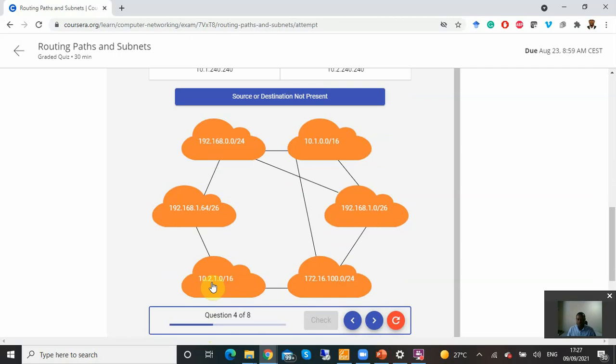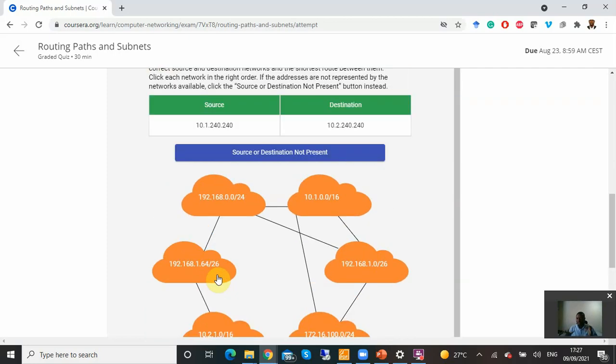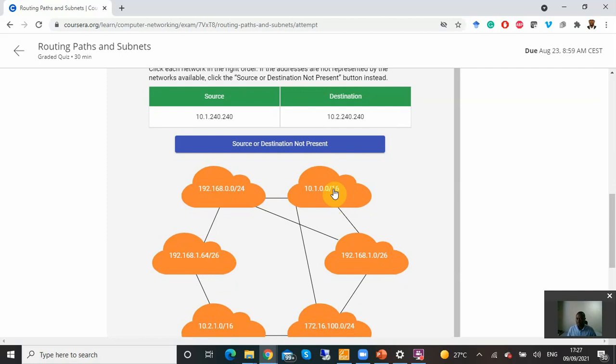10.2, Network ID, the very first host ID, 2. They have also been in correspondence. So again, remember, shortest path. If you come this way, this way, this way, this way, it will be 4 paths. But we are actually looking for the shortest path.